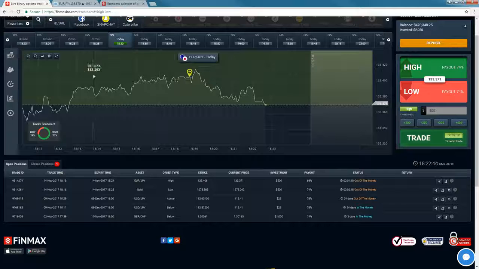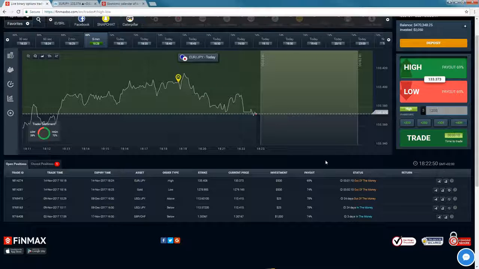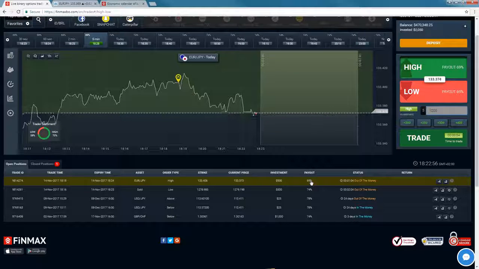Let's prepare the platform for a 5-minute trade again. Our money invested will be 2.5 times more if we stay out of money during the following 1 minute.